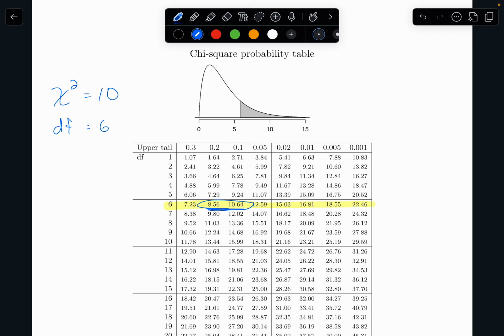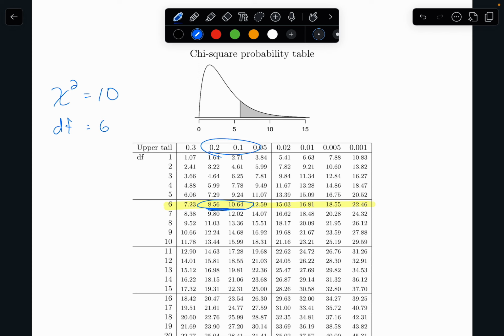The other thing that I'm going to look at then is what areas this corresponds to. For chi-square distributions, we only ever care about area to the right. If you look at our distribution up here, that's the part that's shaded. So we want area to the right, which it tells us right here is somewhere between 0.1 and 0.2.